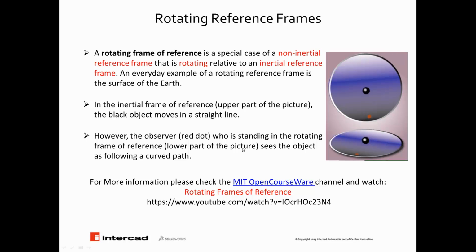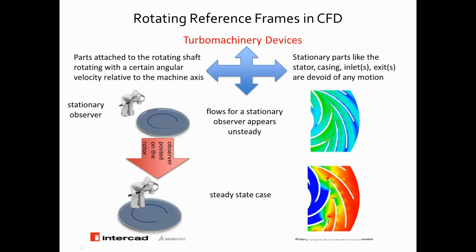All right, if we have a closer look at what we said, in all turbomachinery devices there are parts attached to the rotating shaft, and they are rotating at certain angular velocities relative to the machine axis. And there are some stationary parts like stators, casing, inlet, exit, and everything else, which do not have any motion. Now it depends on us how we would like to treat this problem.